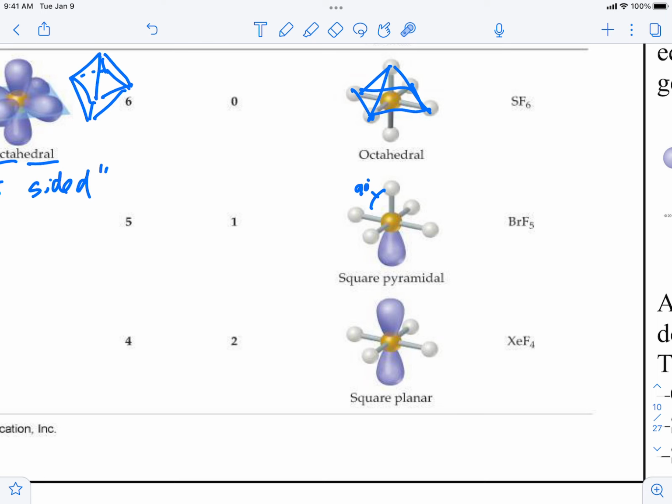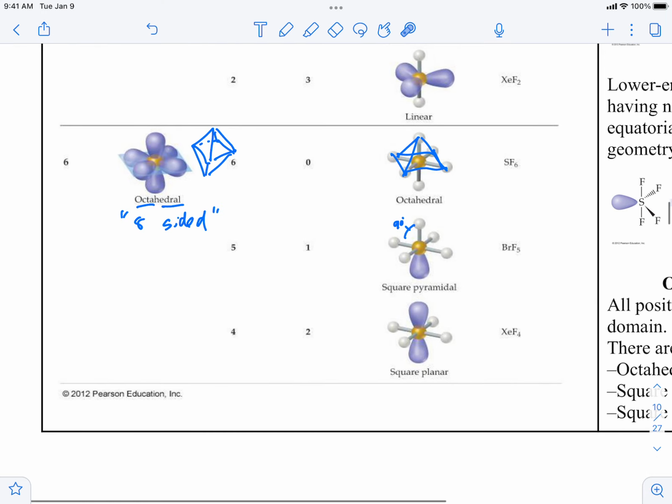If there are 2 lone pairs, then the lone pairs will be placed oppositely of each other, because that is the most symmetrical arrangement. That is how the lone pairs can be placed the farthest apart. And that's what we call square planar, because it's flat and it's a square. Whereas this one was square pyramid.